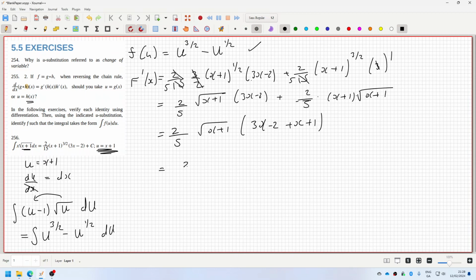So that would be 2/5 root x plus 1 times 4x minus 1. No, I made a mistake somewhere in my differentiating.